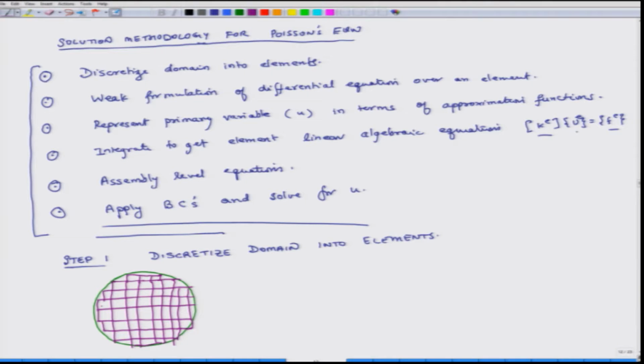But we see that when I am discretizing it in terms of rectangles or quadrilaterals, there are some areas left which are not covered in my geometry. So this is the discretization error.